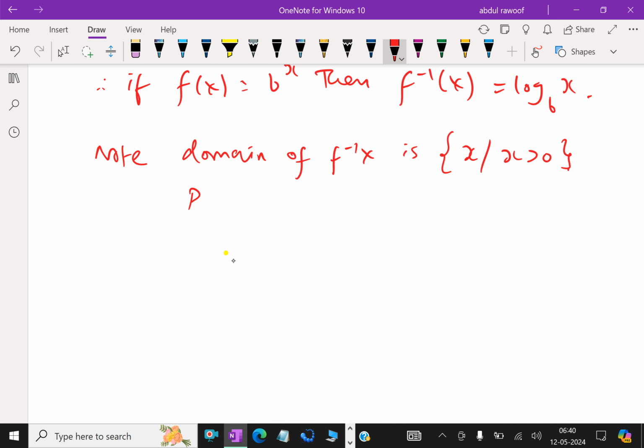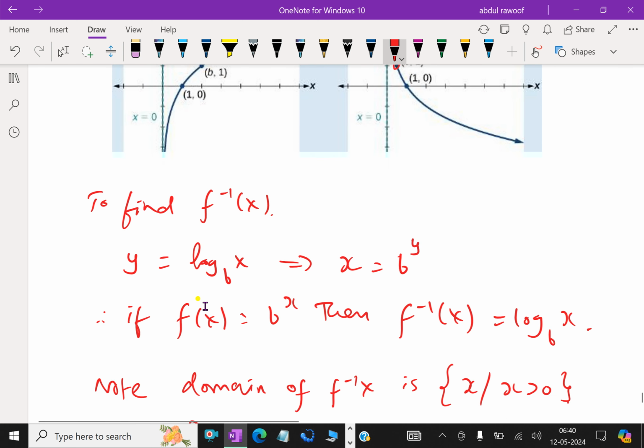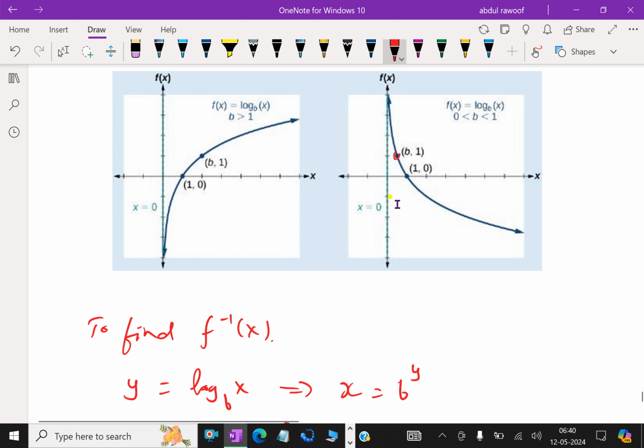Range of f inverse x is y is an element of all real numbers. Here domain means x values, range means y values.